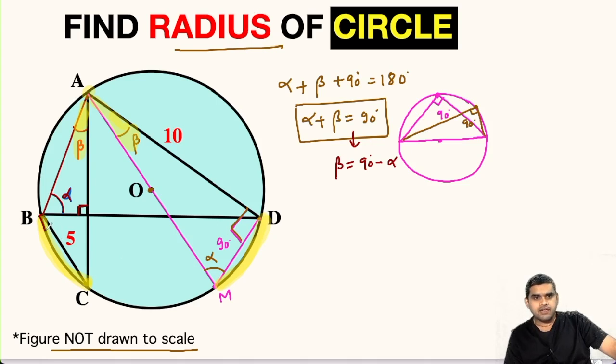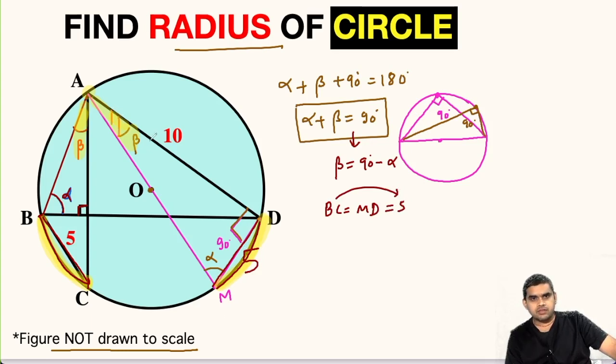Now if arc BC is equal to arc MD, then this line segment BC must also be equal to this line segment MD. So BC is equal to MD. BC is given to us as 5 units, so MD will also be 5 units.